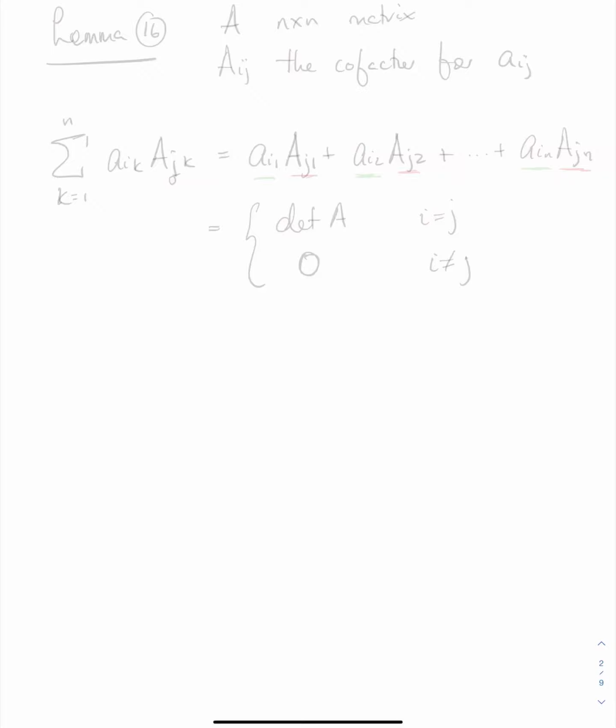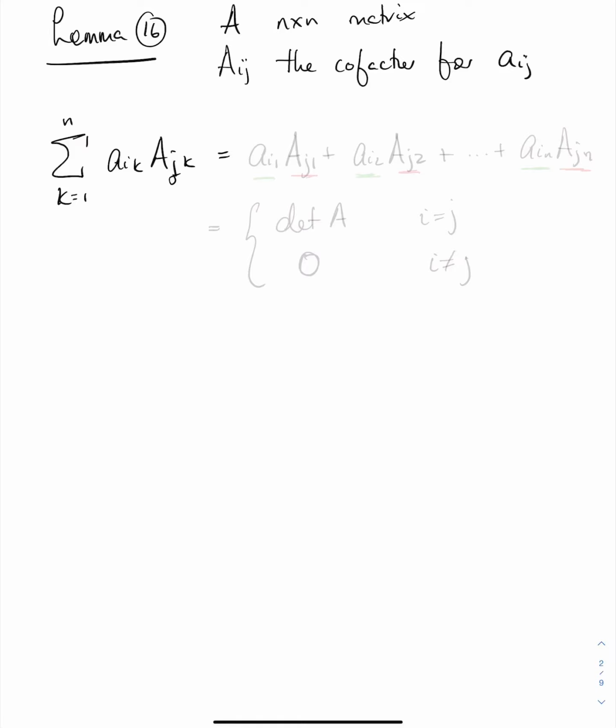The first thing that we need is a lemma. This lemma is not going to look like it's related, but bear with me. If A happens to be an n by n matrix, remember the notation for cofactors. A_ij, where i and j are some integers, is the cofactor corresponding to the entry little a_ij in A. Let's examine a sum, a_ik times A_jk, as k goes from 1 to n.